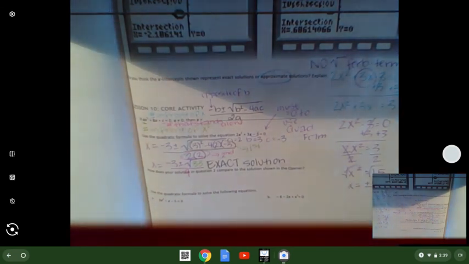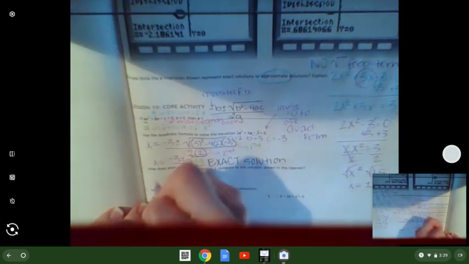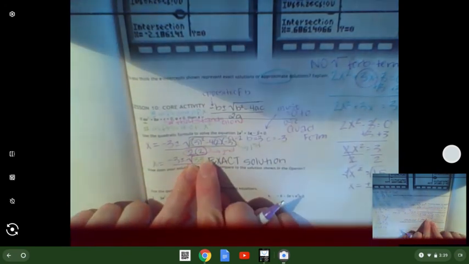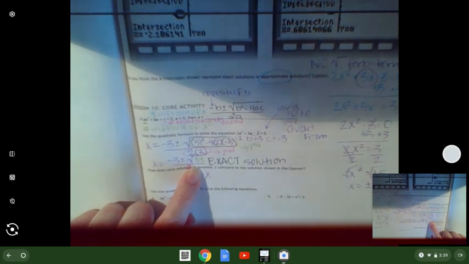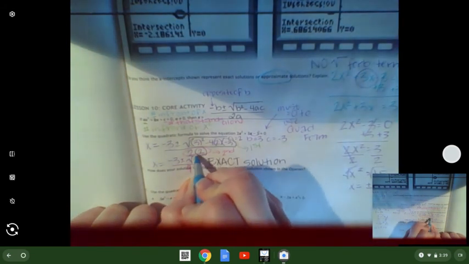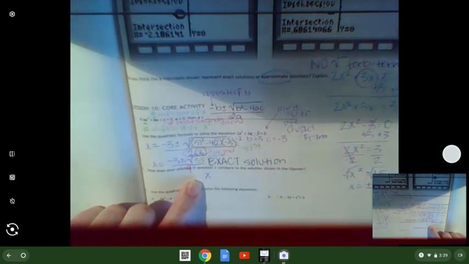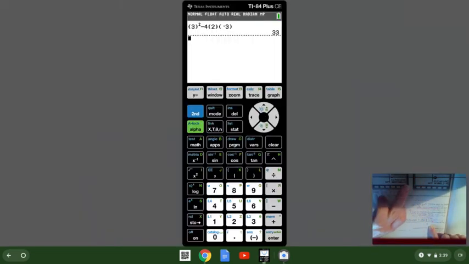So how do we come up with the decimals? If we want to come up with the decimals, the next thing we do is type in the square root of 33. We have to figure out what the square root of 33 is. So going here, I'm going to go square root of 33. I'm going to have to approximate because that's big and ugly. It's approximately 5.74.